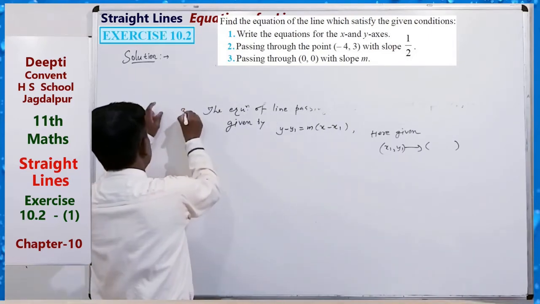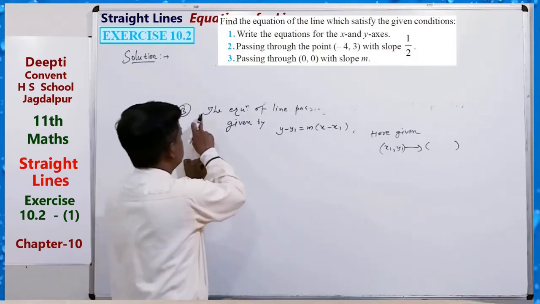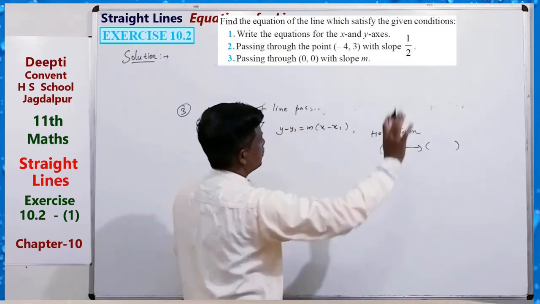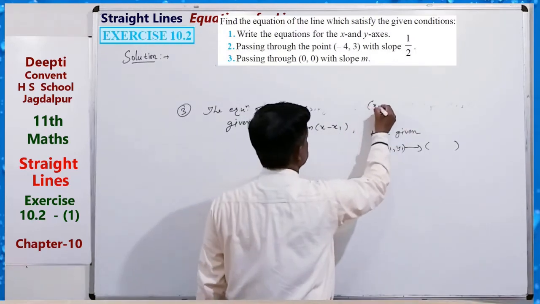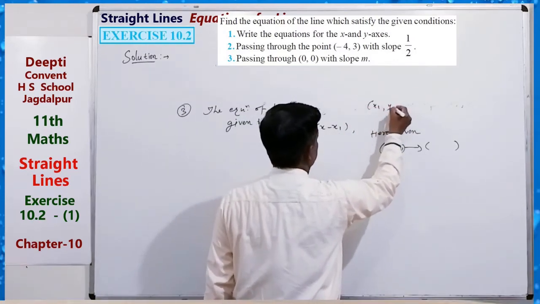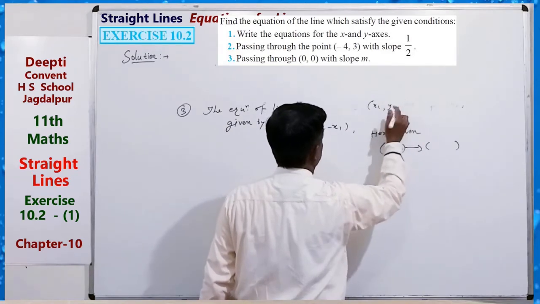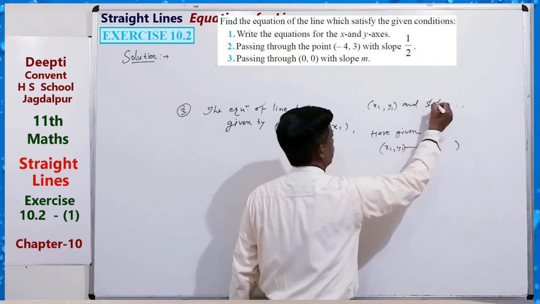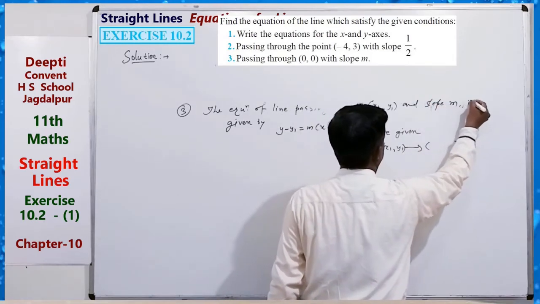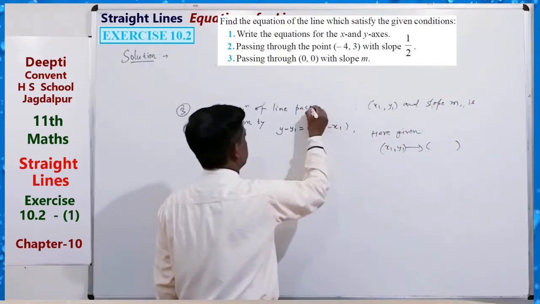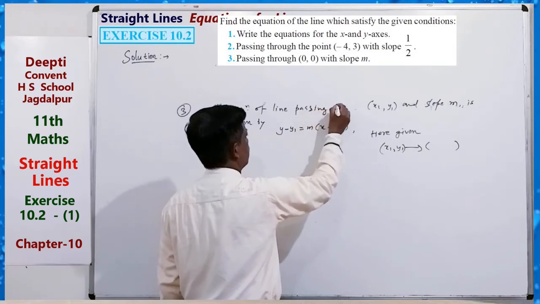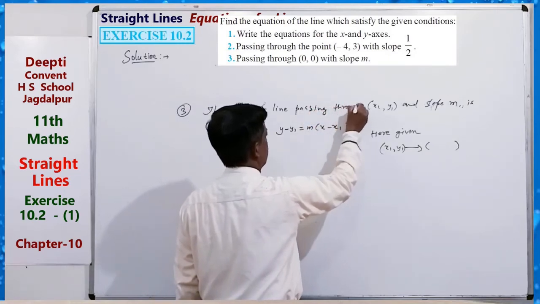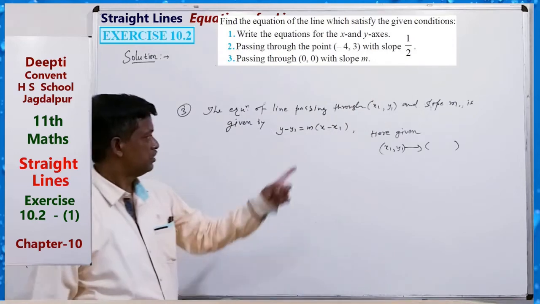The equation of a line passing through the point x1, y1 and slope m is given by this.